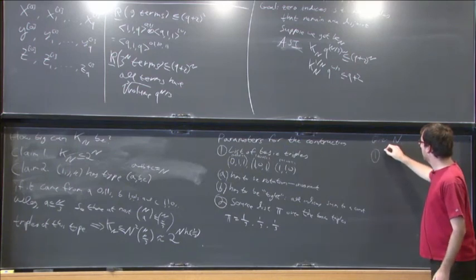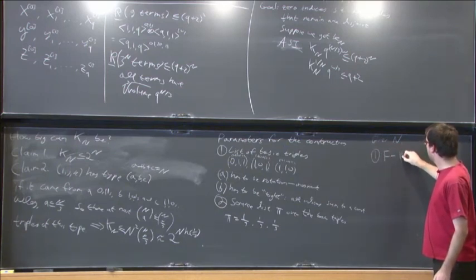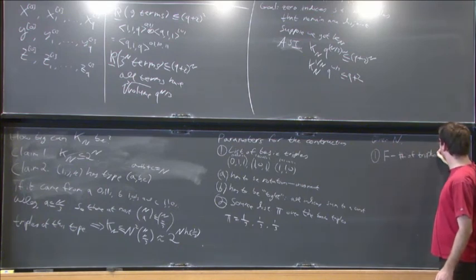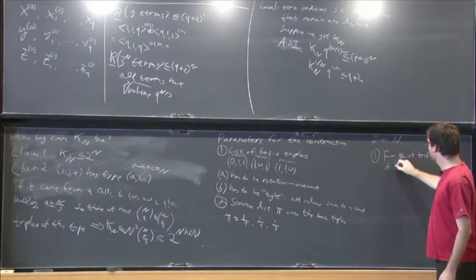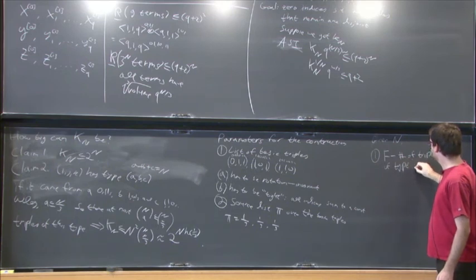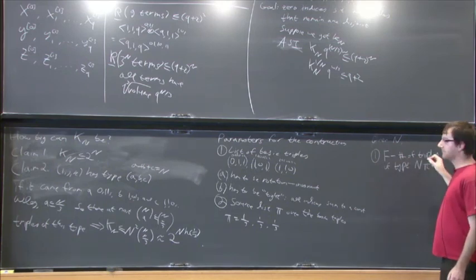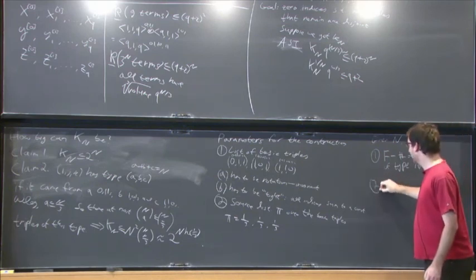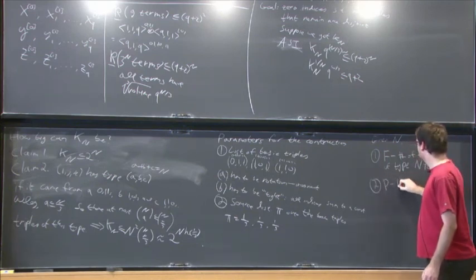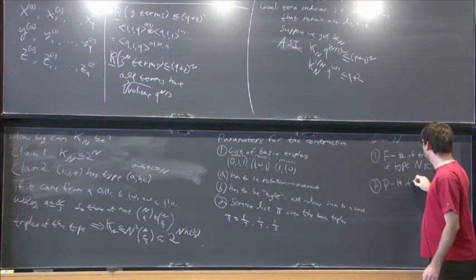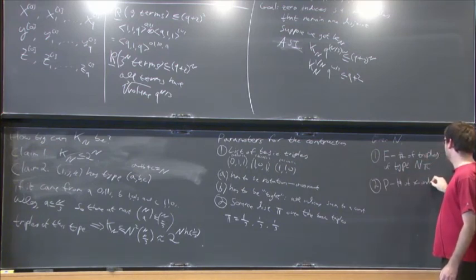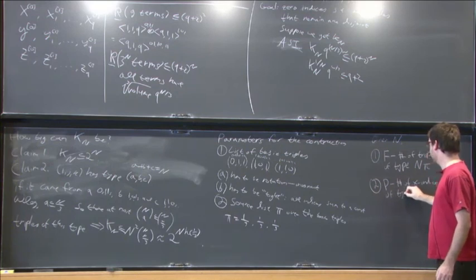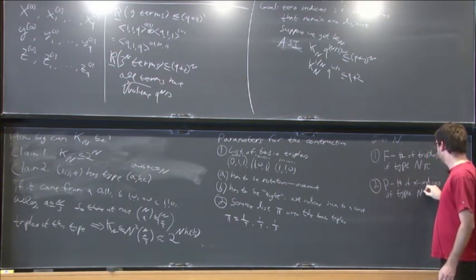So f is the number of triples of type n pi. P is the number of x indices of type n pi.